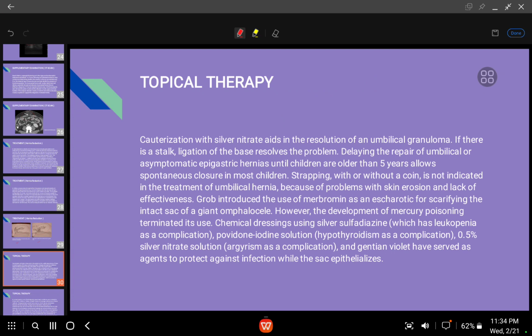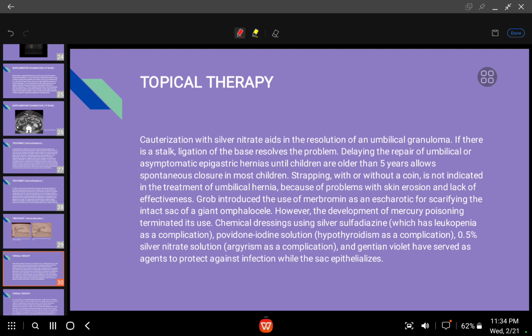Grob introduced the use of merbromin as the escharotic for scarifying the intact sac of the giant omphalocele. However, the development of mercury poisoning terminated its use. Chemical dressings using silver sulfadiazine have leukopenia as a complication.